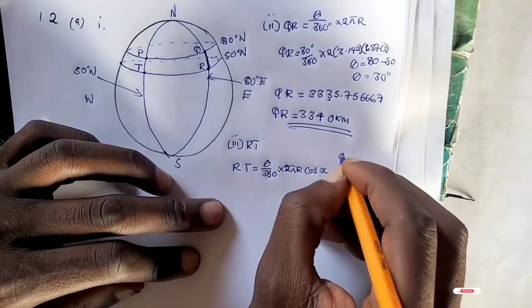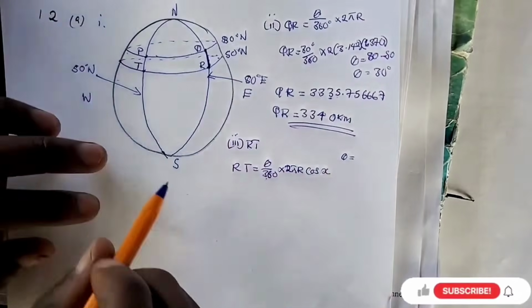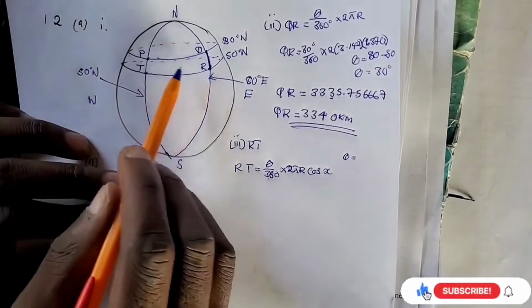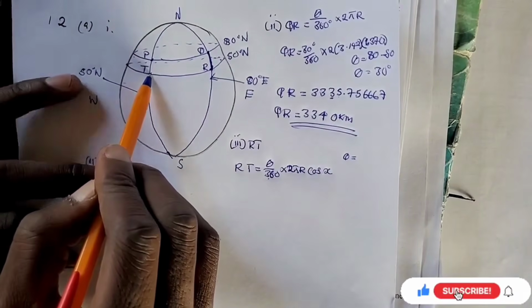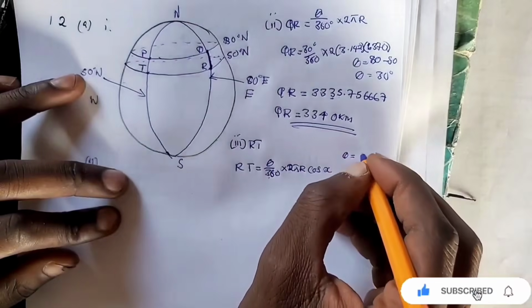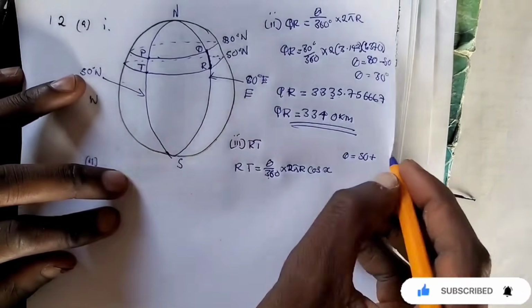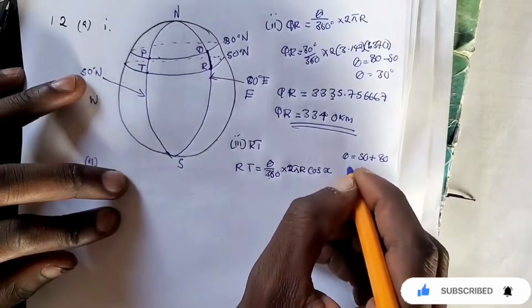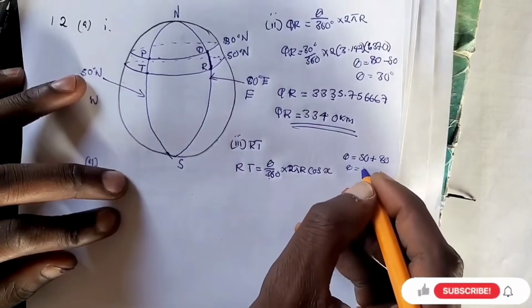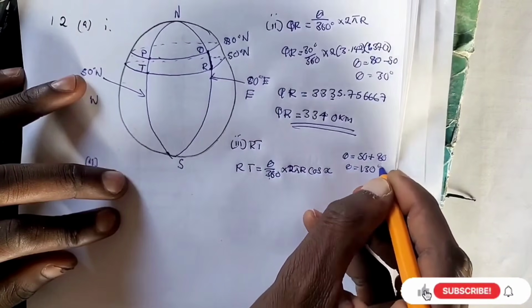So our theta will be the difference in longitude. This one is on 50 degrees west, and the other one is on east. So we add. The difference is going to be 130 degrees.